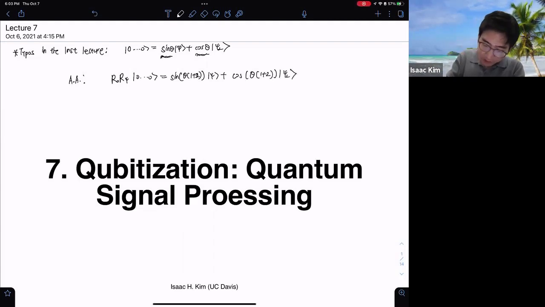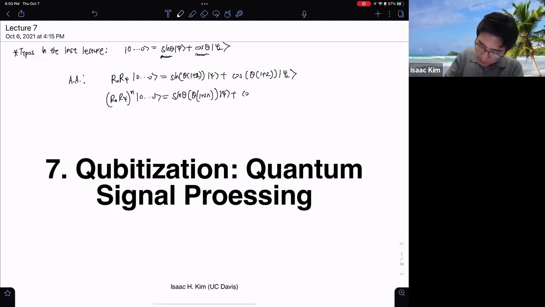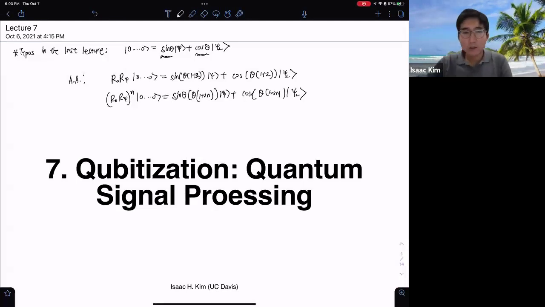And if you apply this n times, you get sine theta 1 plus 2n psi plus cosine theta 1 plus 2n psi perpendicular. Okay, so I just wanted to point that out.